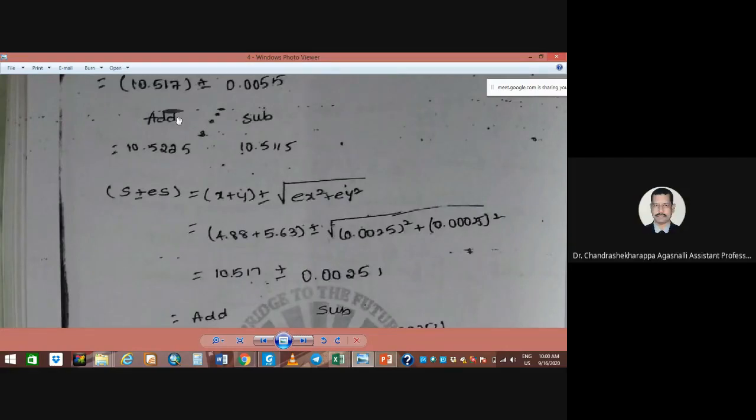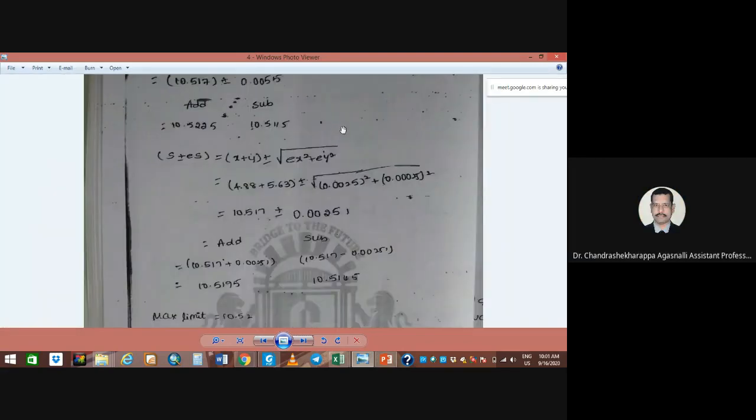That's right. Now can you do the subtraction, 10.517 minus 0.0055? 10.5115. Right, that's right. So the values are correct now. It's not an issue.